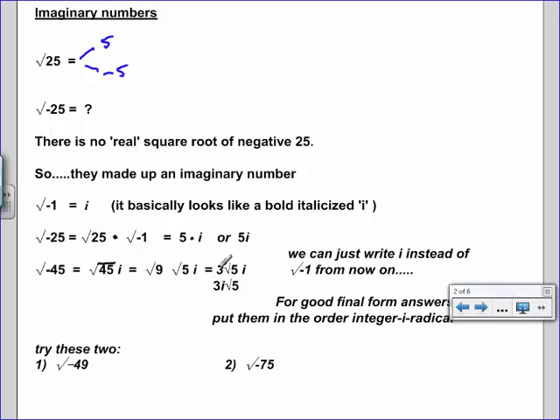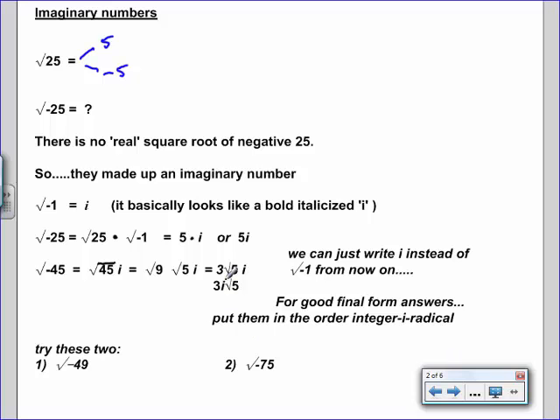Square root of 9 is 3, times square root of 5, times i. And for good form, they want you to put the integer, then the i symbol, and then the root last. So 3i square root of 5 is your final simplified form.